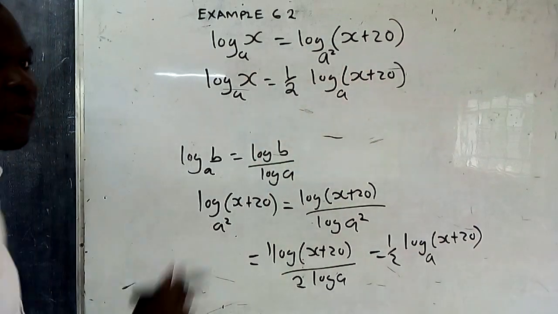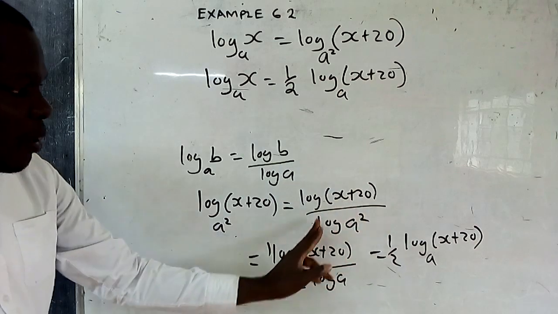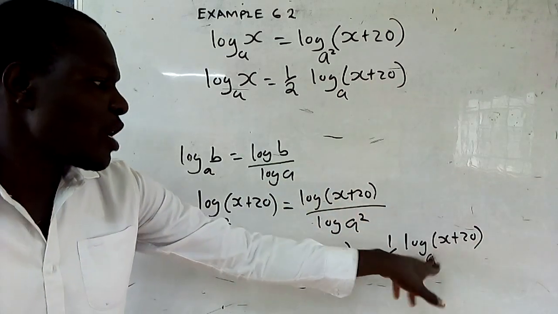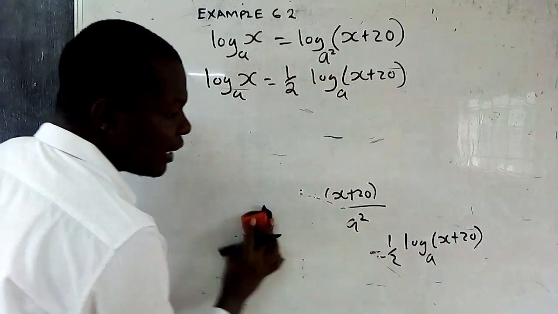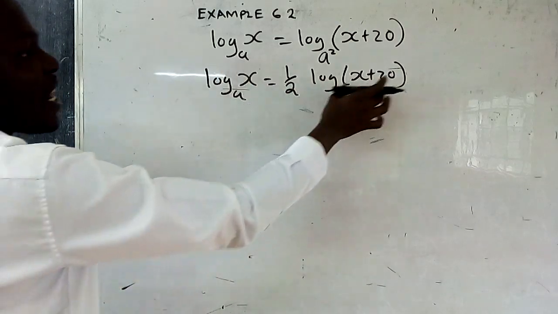So we've removed the square there, isn't it? By using this logarithm, the square becomes the coefficient, then you remain with log (x plus 20) over log a, which is log (x plus 20) to base a, isn't it? Are we together?